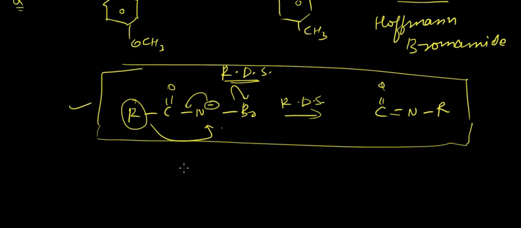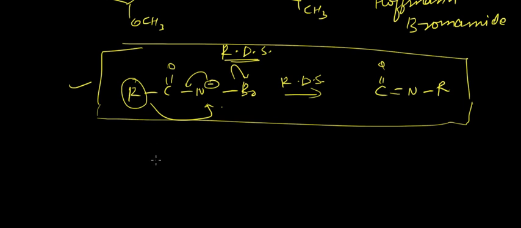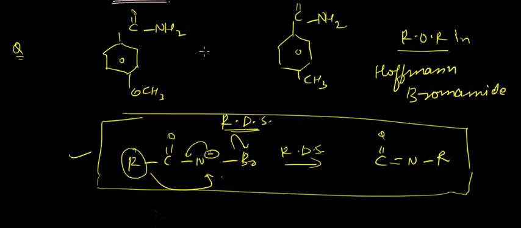So if you look into the formation of this, during the migration we need to see the migratory aptitude. The migratory aptitude of this is more than the migratory aptitude of this compound. Why?